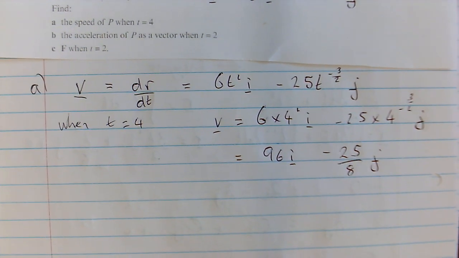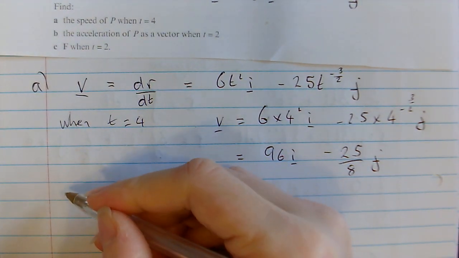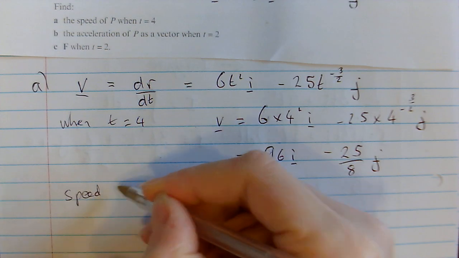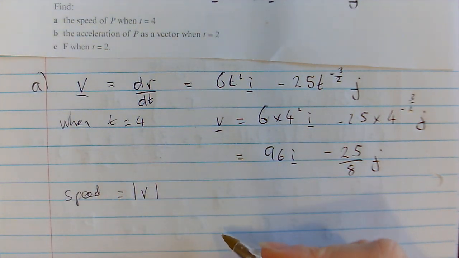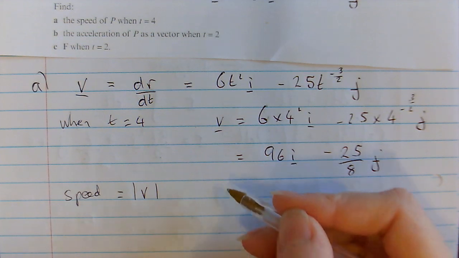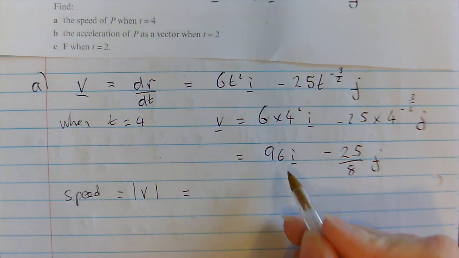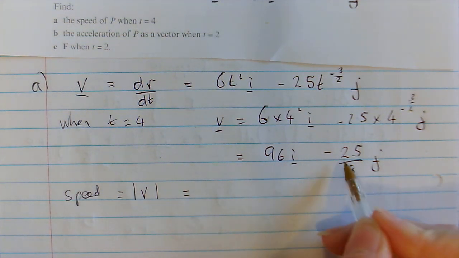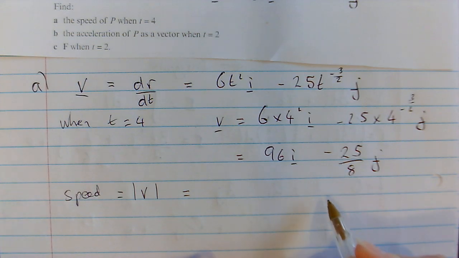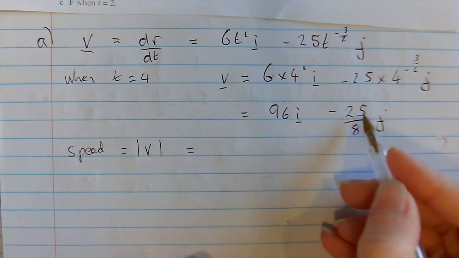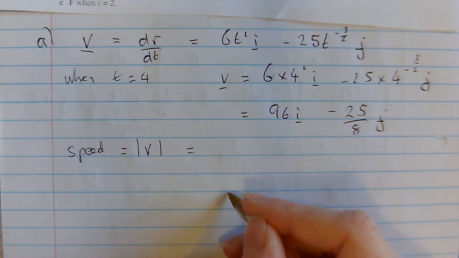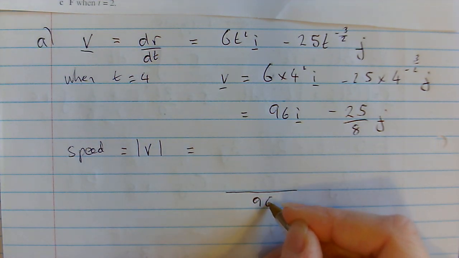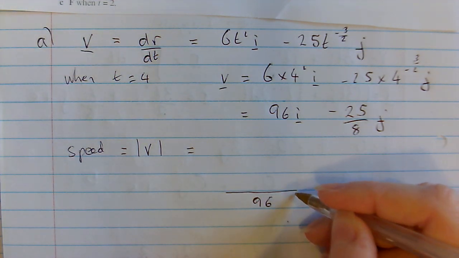Now, if I've got the velocity as a vector and I want speed, speed is the magnitude of velocity. And remember, when we find magnitude, that's like doing Pythagoras of this. Because remember, if you put this onto a triangle, you've got 96 in the i direction. I've done it too low down, sorry.